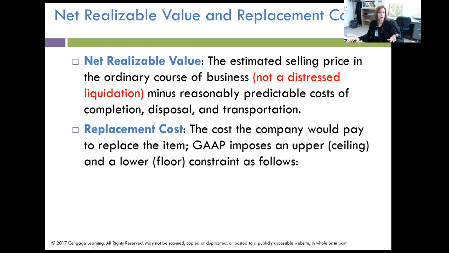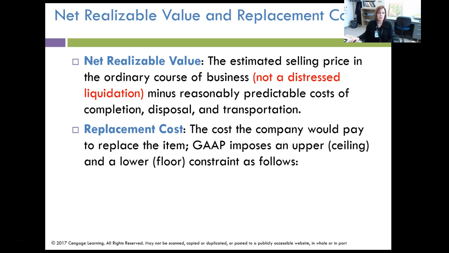Then let's look at what it means to discuss replacement cost. And it's the cost that the company would pay to replace the item. Under GAAP accounting, there is a ceiling and a floor that we are constrained by when we're looking at replacement costs. So we just can't go willy-nilly out into the world and start choosing replacement cost items.